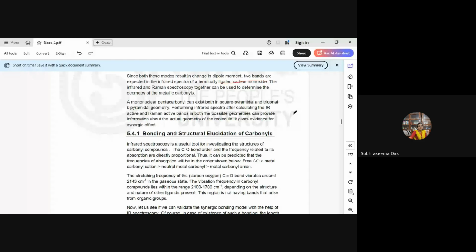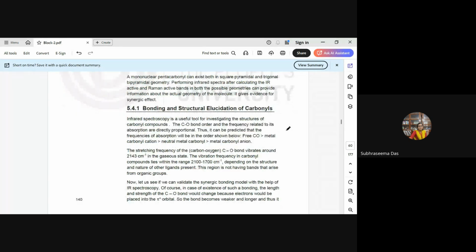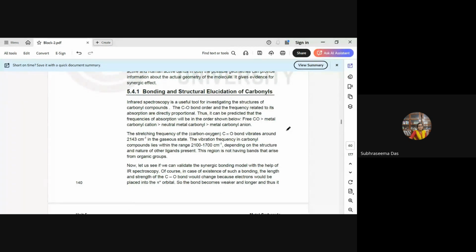That is why IR is important, to know about the particular stretching frequency of the carbonyl group that is present with the metal. Then coming to the bonding and structural elucidation of carbonyls.